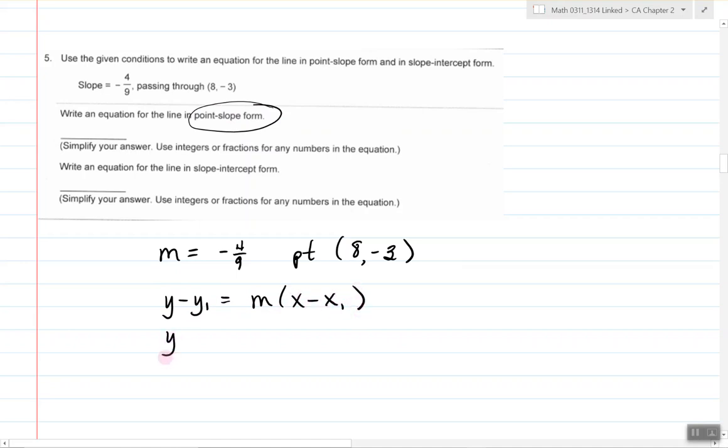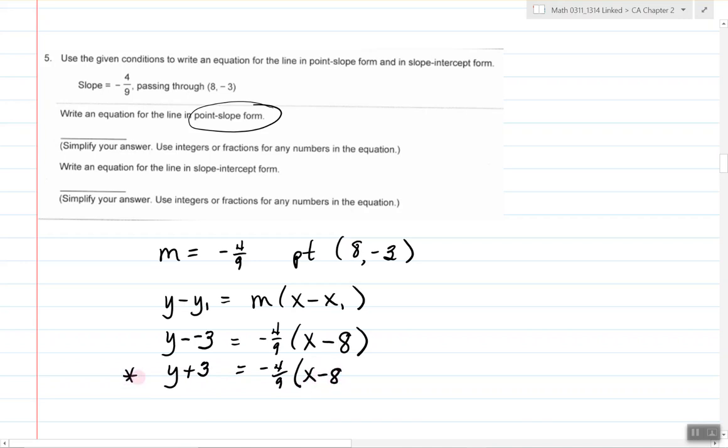So it's y minus -3, and yes, I'll change that in just a minute, equals -4/9, open parentheses, x minus 8. So my first answer is y plus 3 is equal to -4/9, open parentheses, x minus 8.